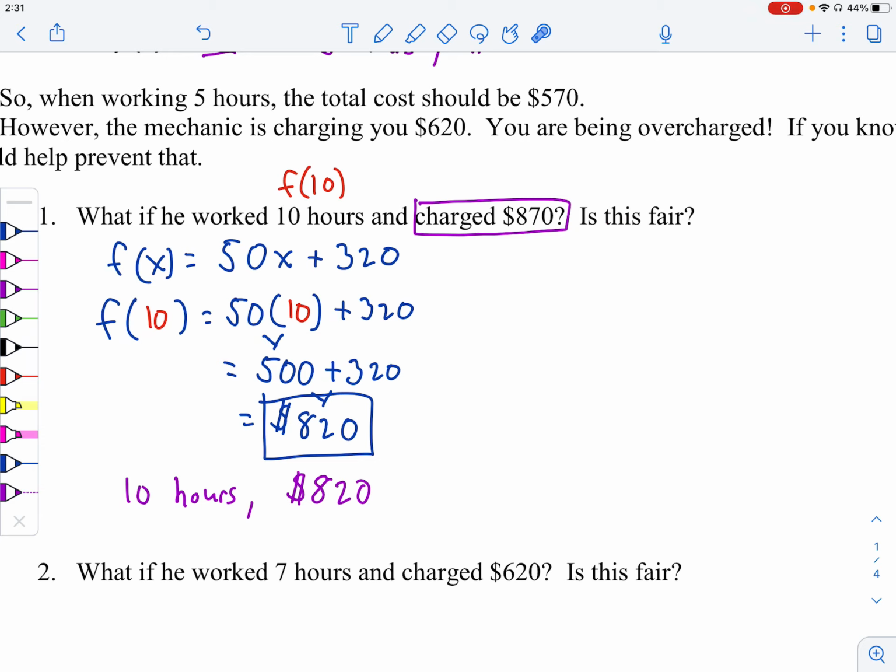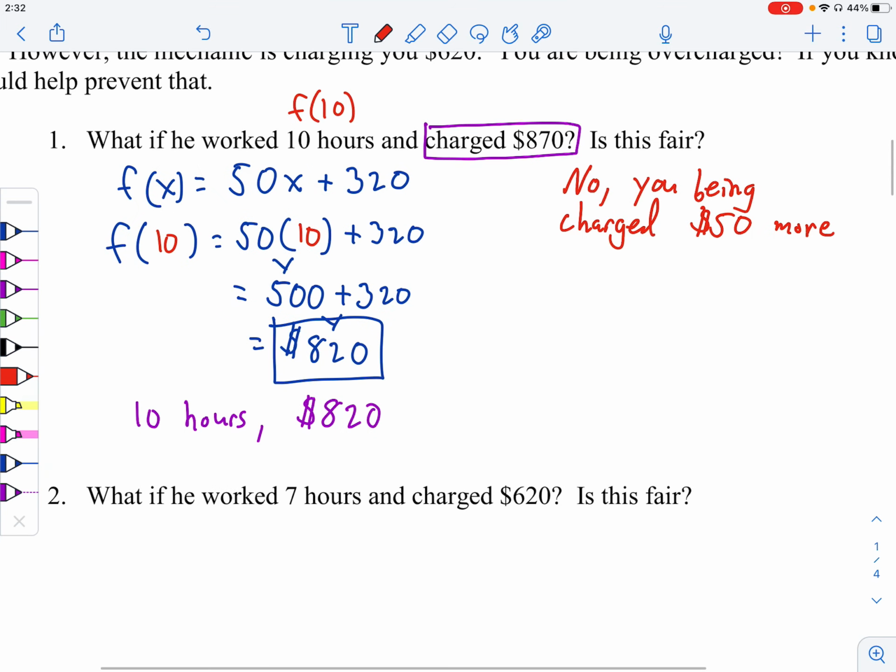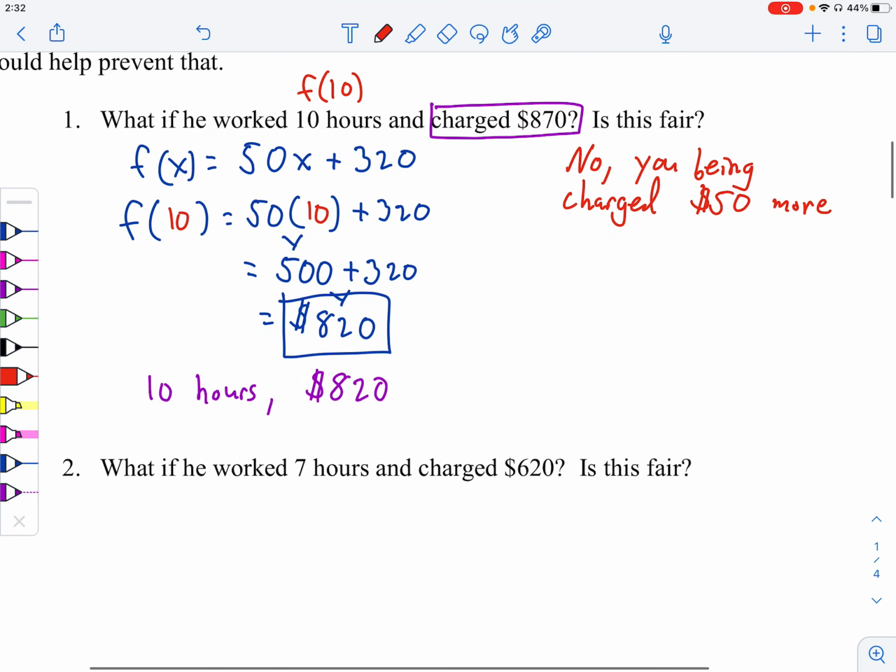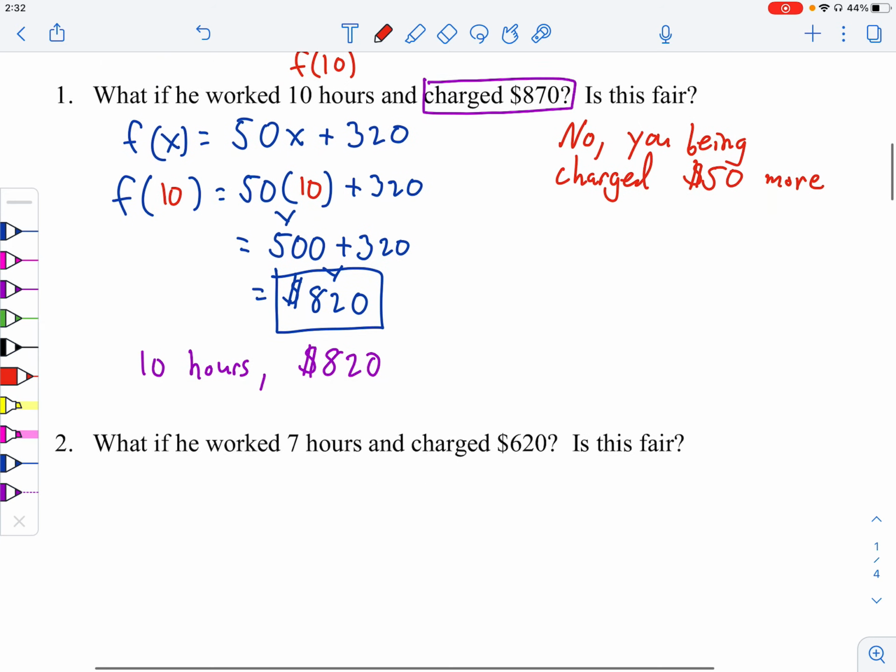Is this fair? No, it's not. You're being charged $50 more. Complain. Tell them no. 10 hours should be $820. Why is it 870? Question that.